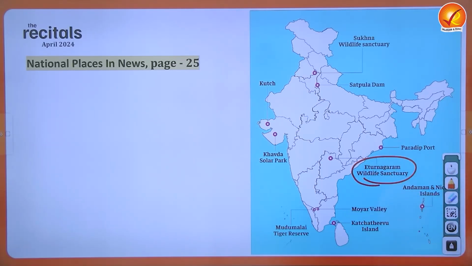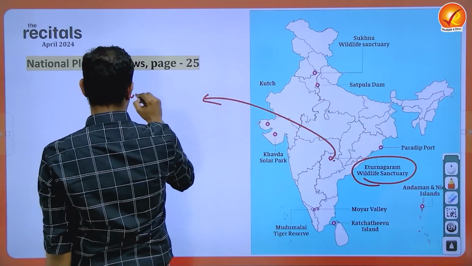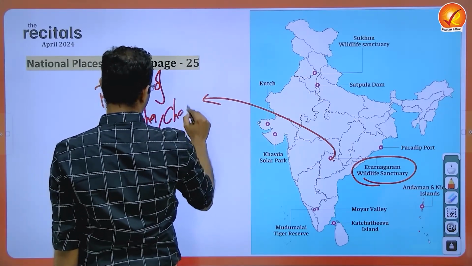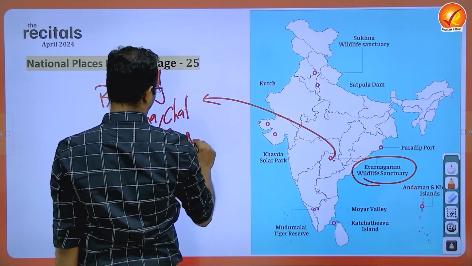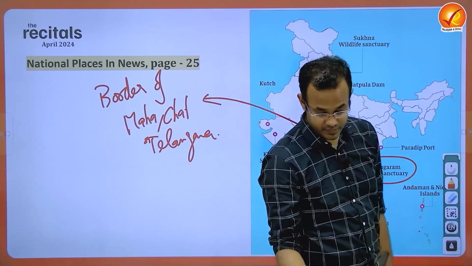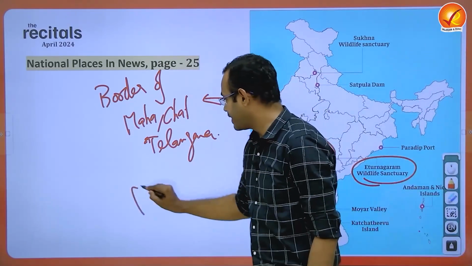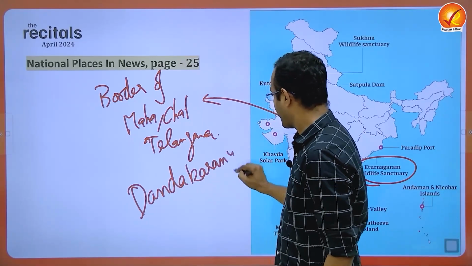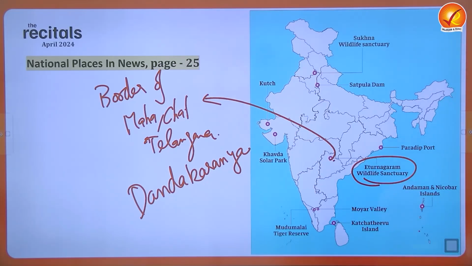The next one, Yettur Nagaram Wildlife Sanctuary. This one is present on the border of Maharashtra, Chhattisgarh and Telangana. It has a good amount of forest from the Dandakaranya region.